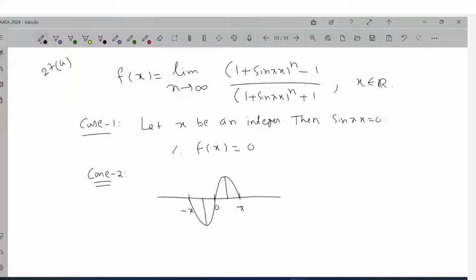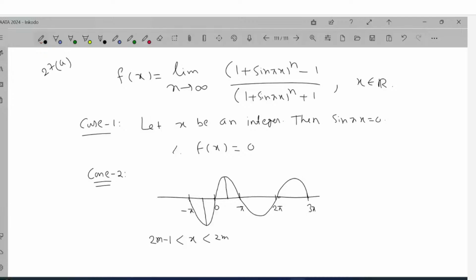Now we'll divide the whole line into this type of thing. How to divide this? Like we have 0 to pi, then we'll go again by pi unit. Like pi, then we have 2 pi, then we have 3 pi. So it will continue again this way. So in general, we can divide the line in the following way: 2m minus 1 less than x less than 2m. This is one part.